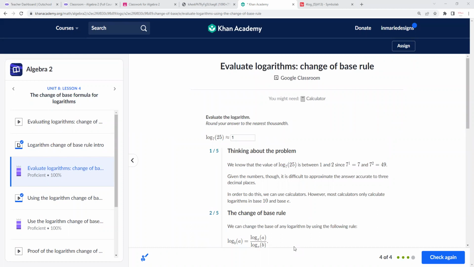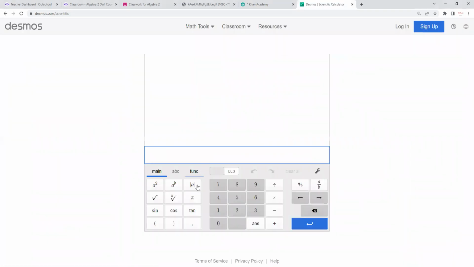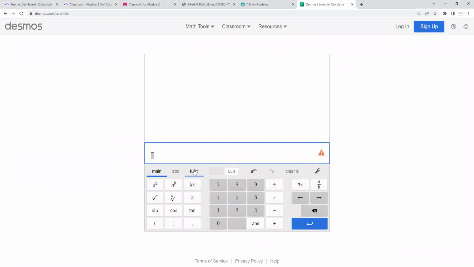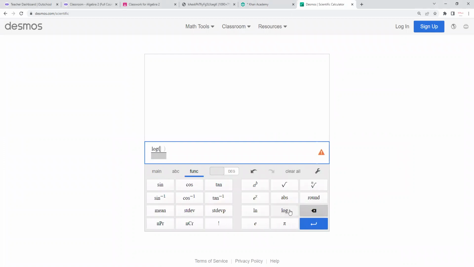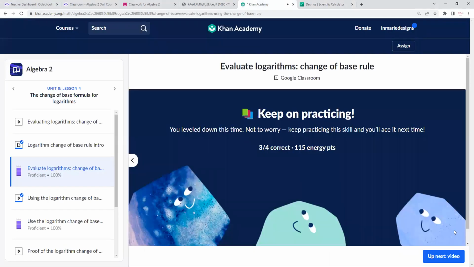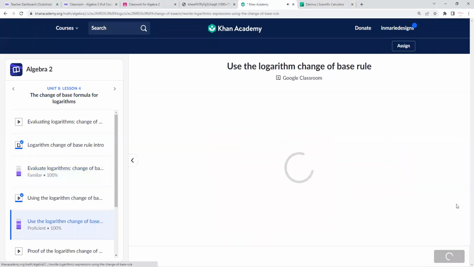Log 25 divided by, so if we go to the Desmos calculator, because Desmos only just has the log button, at least I thought, oh, here it is. Log 25 over log 7. And it gets you your answer, which is 1.654. So you can do it that way, whichever way you want to do it.